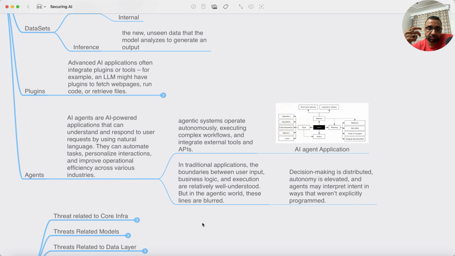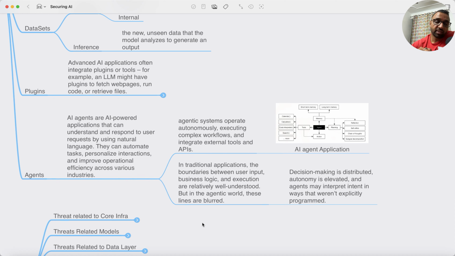And in this case, the decision making is distributed, autonomy is elevated, and agents may interpret intent in a way that wasn't explicitly programmed. Okay, so this is completely different from the traditional application where the boundary between user input, business logic, and execution was relatively clear.